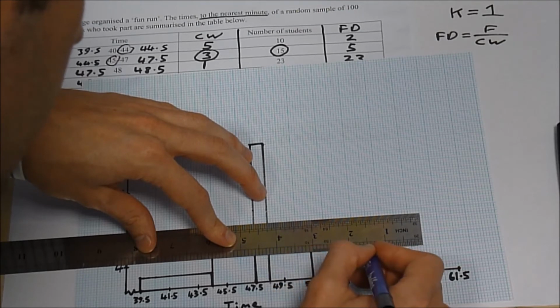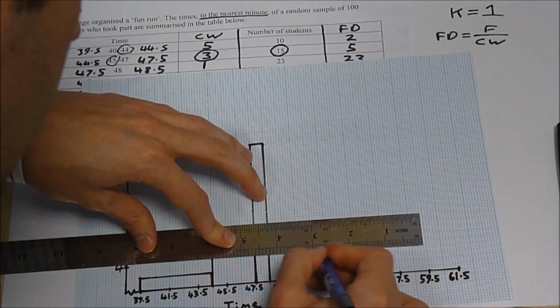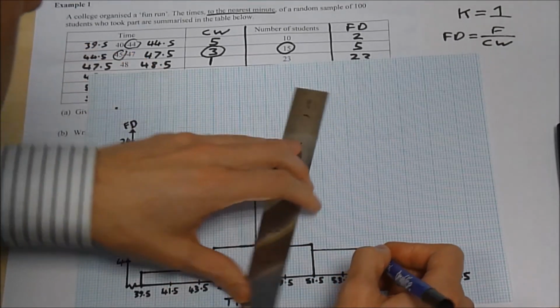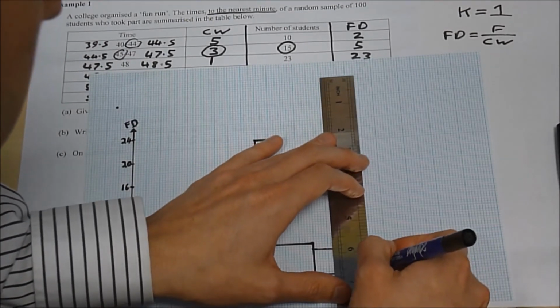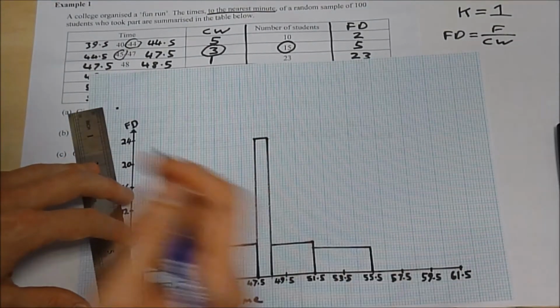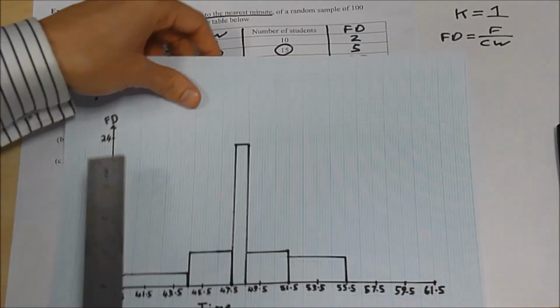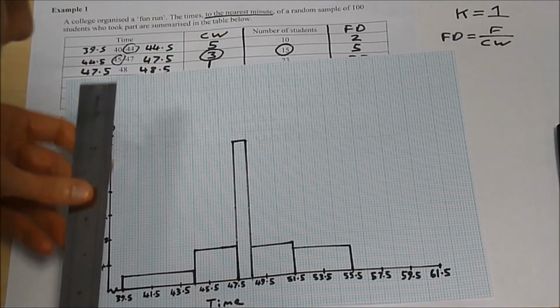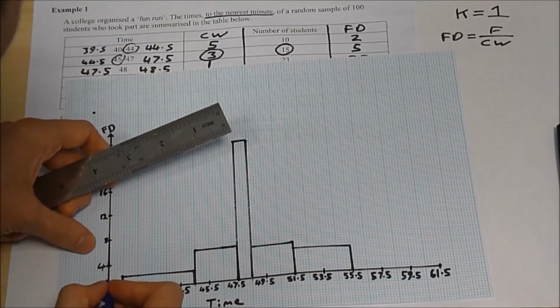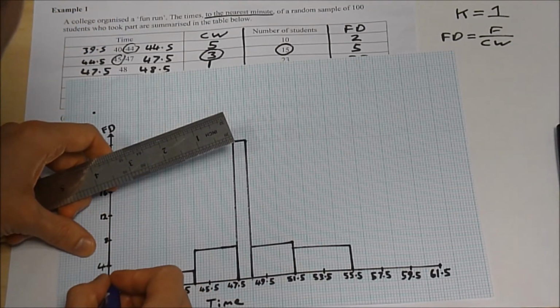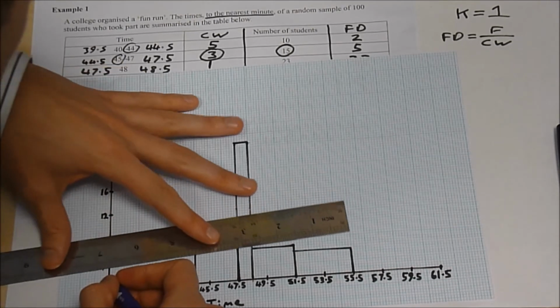So that will give me this box here. And then last but by no means least, I've got frequency density of 3. So 3 is halfway between 2 and 4.